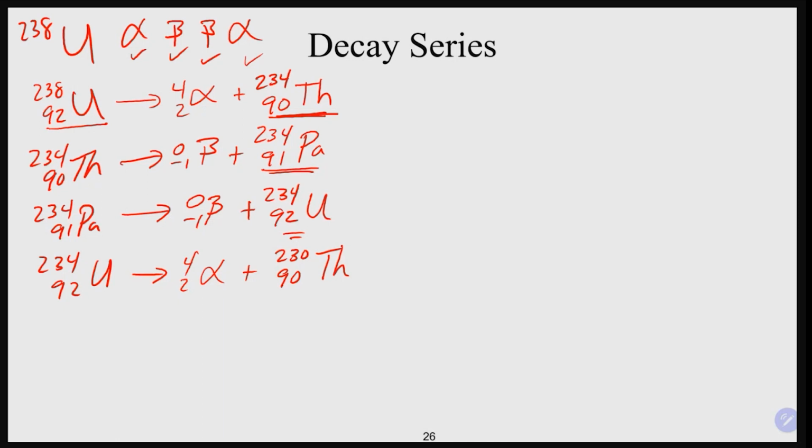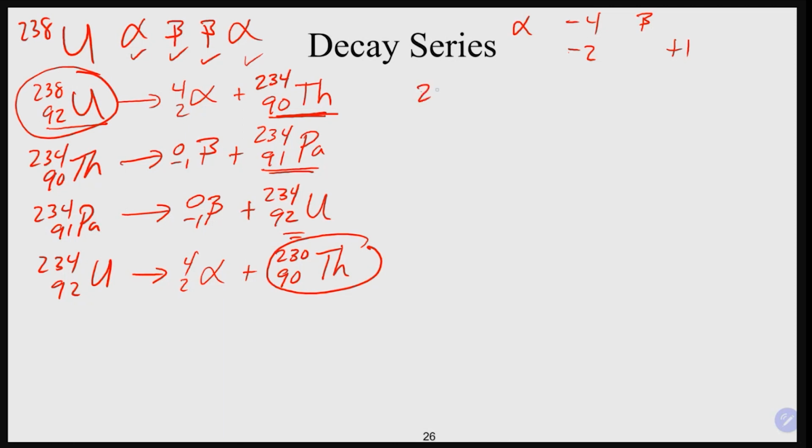Now, what we were talking about earlier is you can, for every alpha decay, subtract 4 from the mass number and 2 from the atomic number. For every beta decay, you could add 1 back to the atomic number. So if you were just interested in what you get at the end, you could do that by just subtracting the numbers.